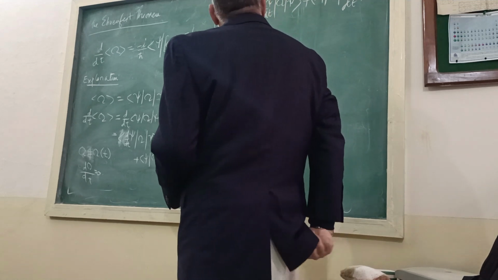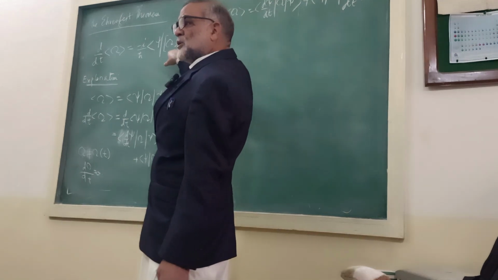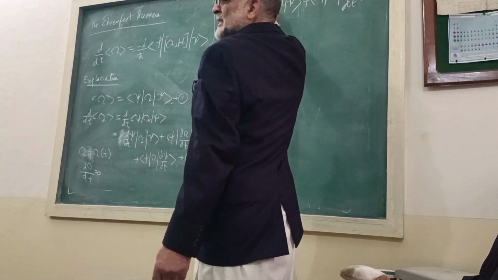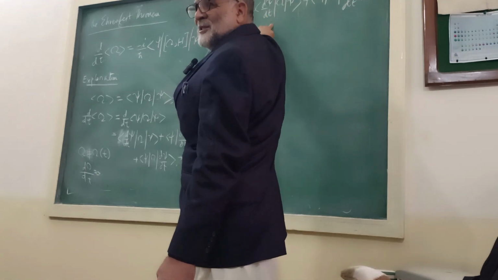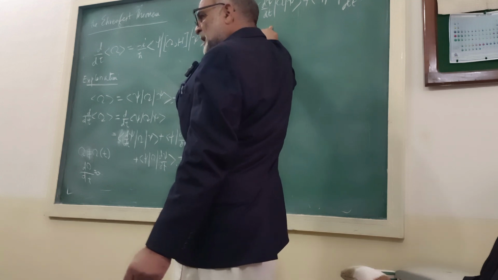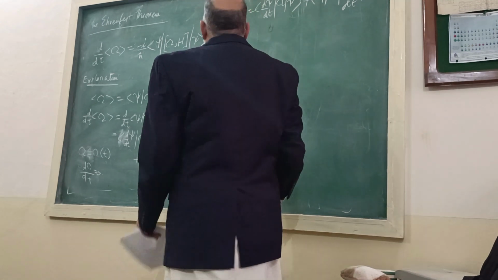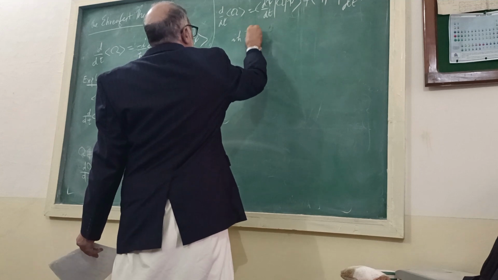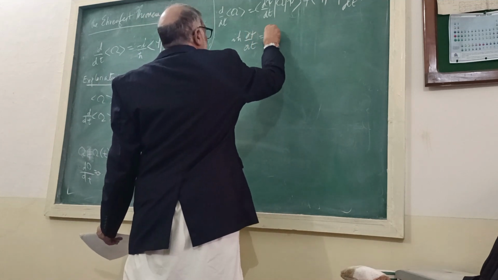Now we have to bring the Hamiltonian and d psi by dt. We can get them from the time dependent Schrodinger equation, where the Hamiltonian and time dependence are both there. So i h cut partial psi by partial t equals H psi.